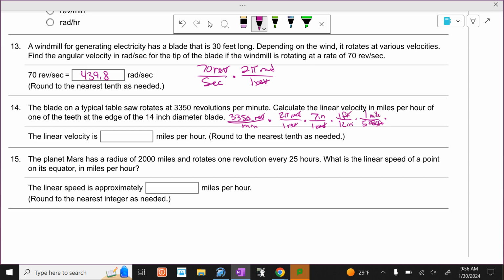So feet cancel the feet, inches cancel the inches, miles per minute, and then we want to change to hours, so 60 minutes over 1 hour. So you do all the math and you get an answer.